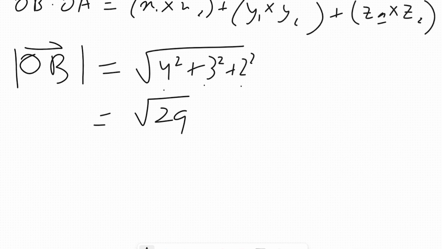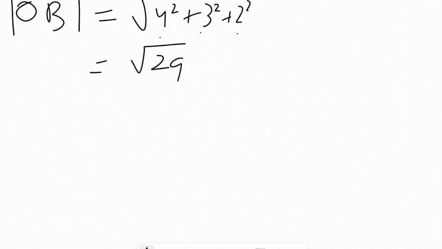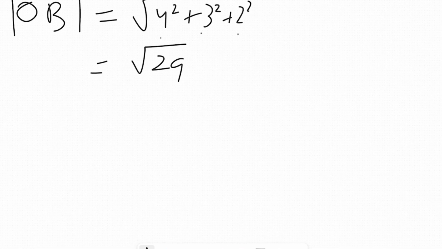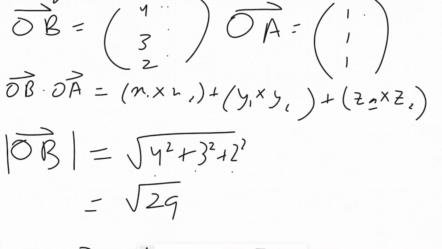Next we need to know one more thing, and that is the angle between the two vectors. So the formula for the angle between two vectors is cos theta equals, where theta is the angle between the two vectors. Let's say I have to calculate the angle between OA and OB.